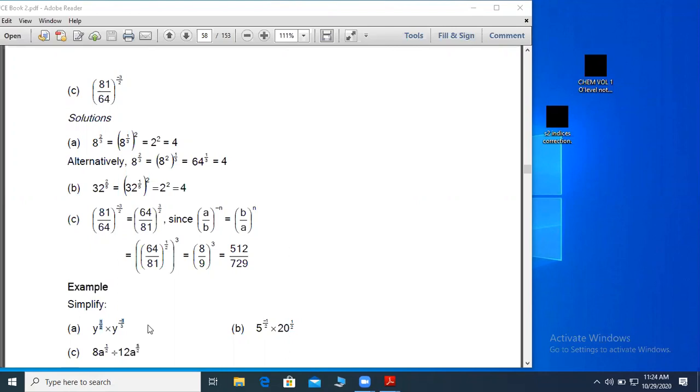Sarah, what do you think? I think we shall say y, then you add a half plus a third, plus negative 1 out of 3. We say y. What is y? I want you to say that y is the base and the base is the same, right?